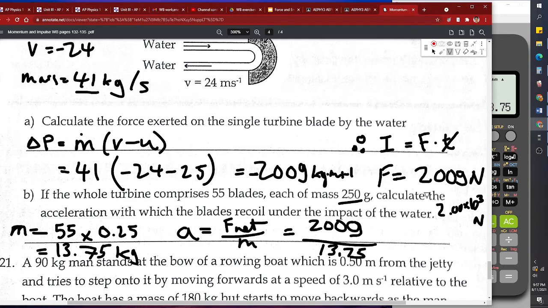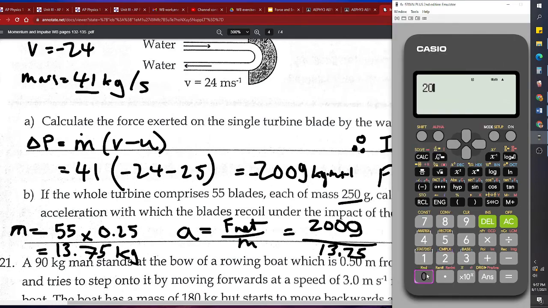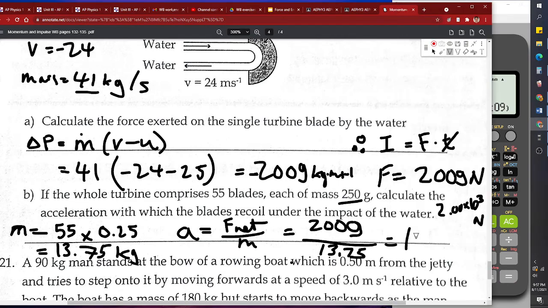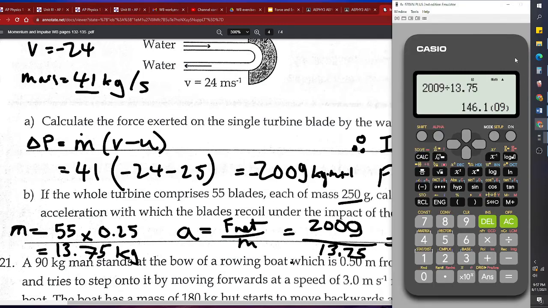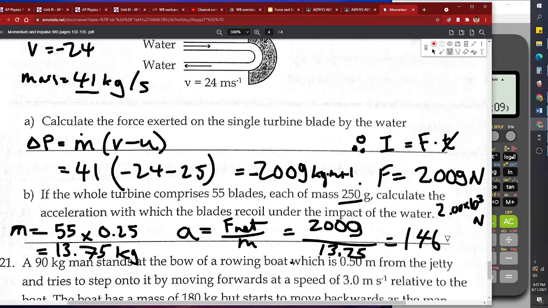If you use 2000, that's totally fine as well, because really that's how you should write out the final answer. And so there is the acceleration. We should get 146. Yep, that's it. 146 meters per second squared. Okay, and that's part B.